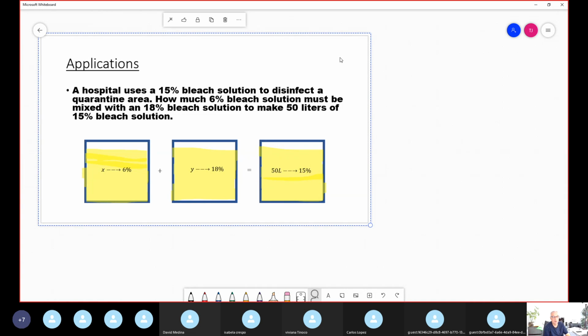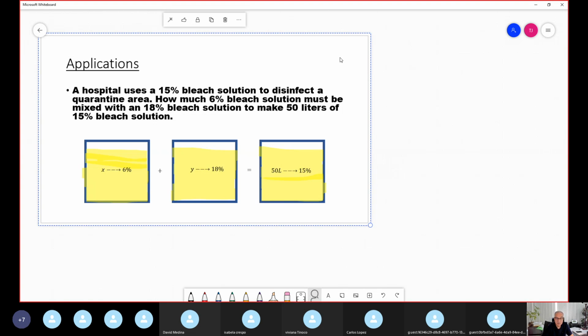So you have in the hospital using 15% bleach solution to disinfect quarantine area. How much 6% bleach solution must be mixed with the 18% bleach solution to make 50 liters of 15% bleach solution? Wow. Okay, I try to do a sketch to understand.